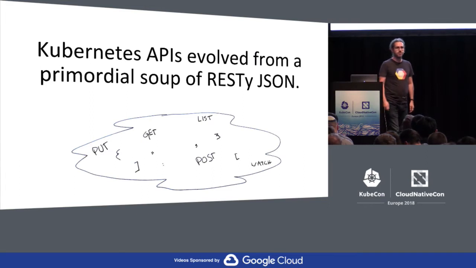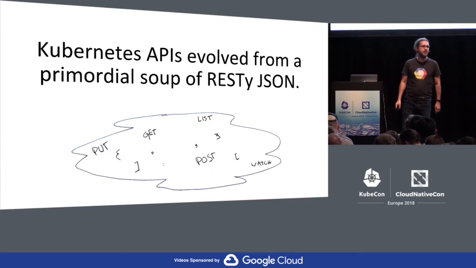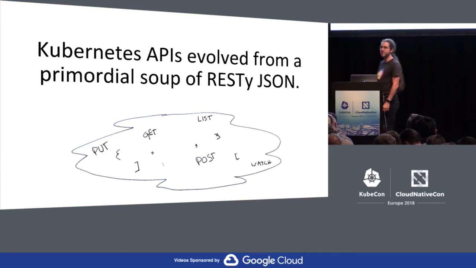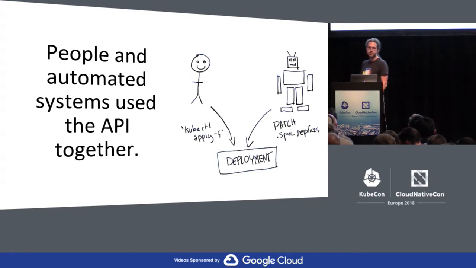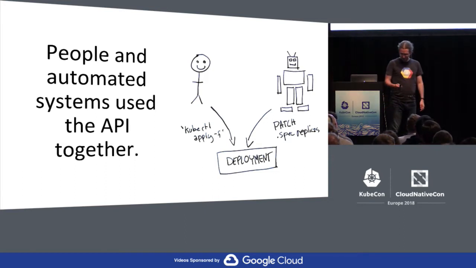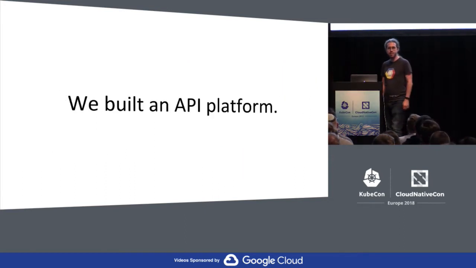We started out with just random usage of the Go JSON marshalling library. And over time, we evolved to make it easy for people and systems to work together. We ended up building an API platform.